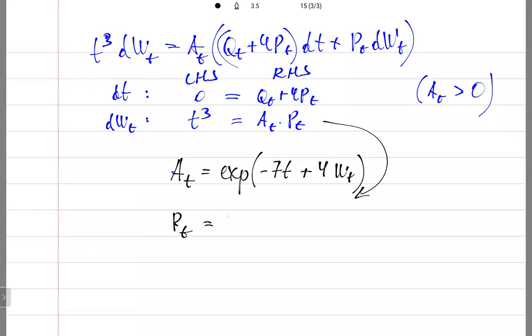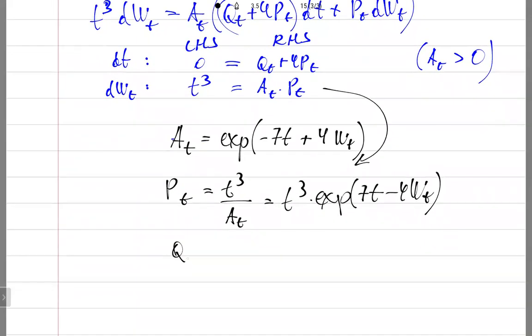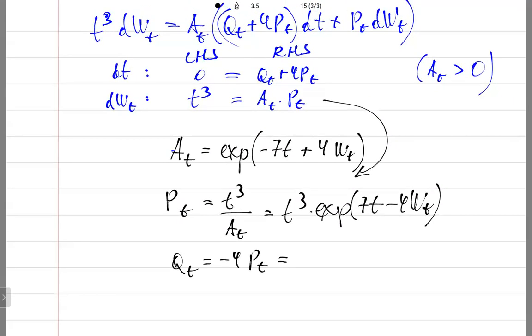Pt is just t cube divided by At. So it's t cube multiplied by exponent of 7t minus 4Wt. Pt is known. Now let's go for Qt. Qt is minus 4Pt, and it is minus 4 t cube exponent of 7t minus 4Wt. Okay.